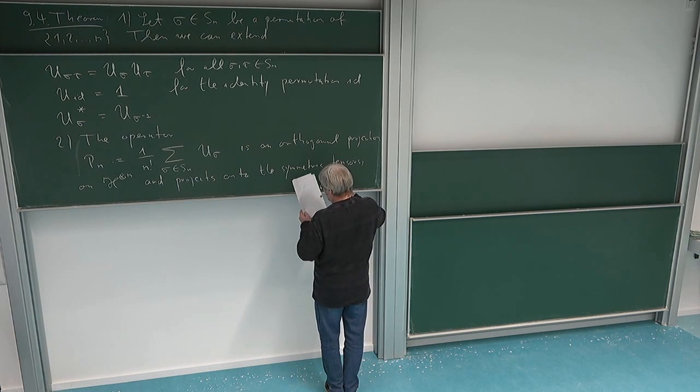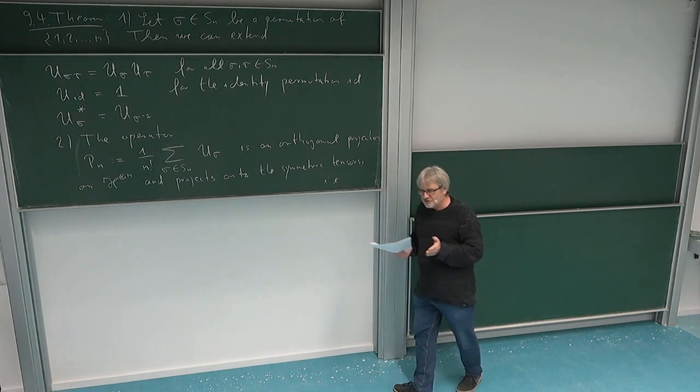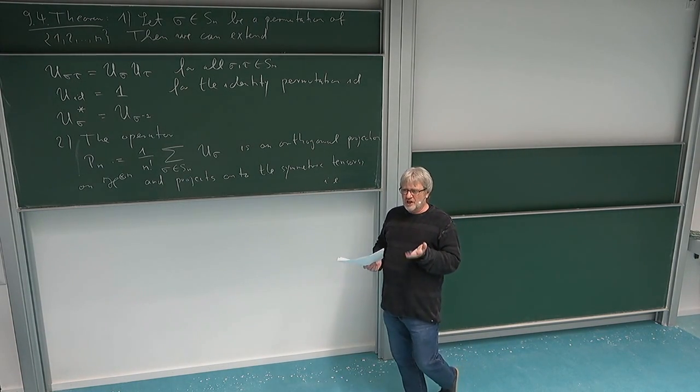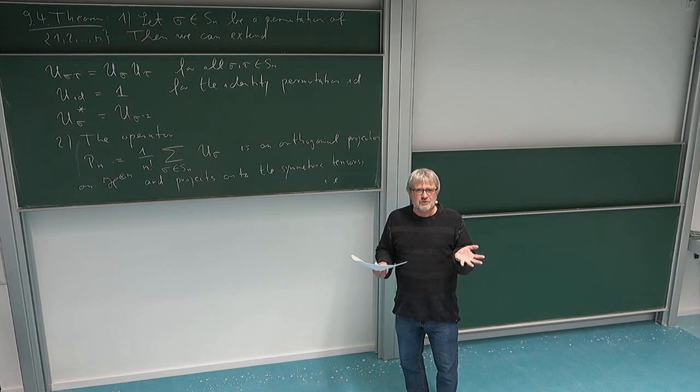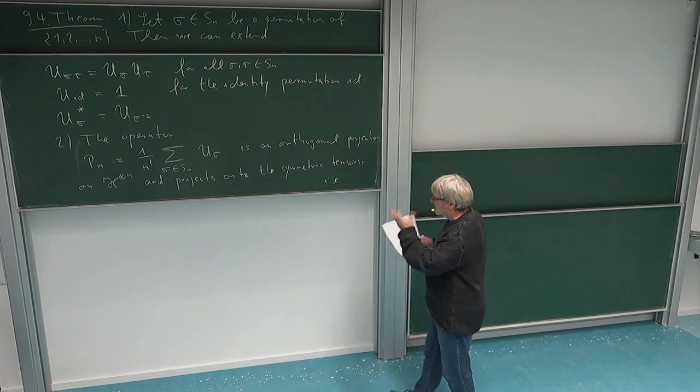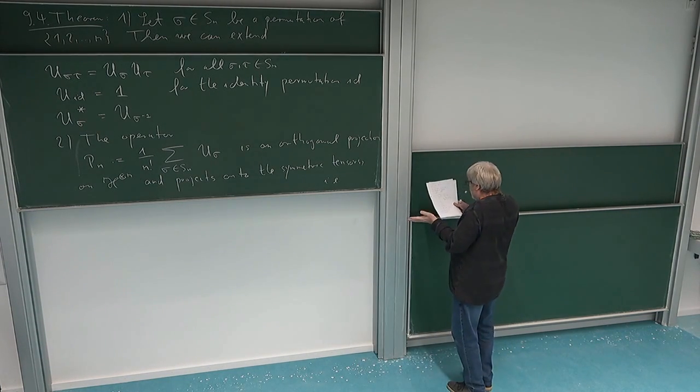And maybe I should say what I mean with this exactly. So the symmetric tensors are those tensors which don't change if I act with any permutation on them. So I can exchange the terms as I like, but nothing happens.